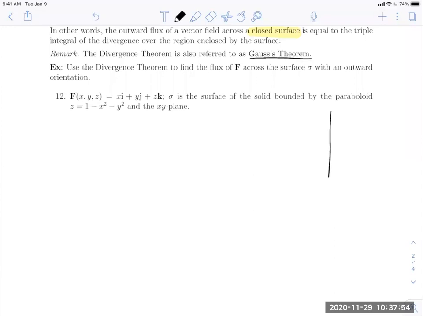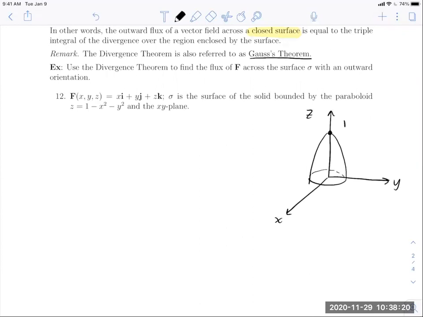So I'll draw my rectangular coordinate system. Make sure to label your axes. And this paraboloid has been flipped downward and shifted up 1 on the z-axis. So it's going to come down and around, and then it stops at the xy plane.